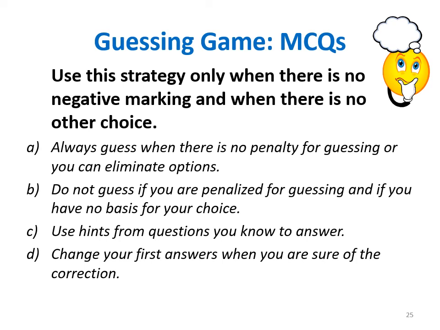Use hints from questions you know to answer, and change your first answer when you are sure of the correction. So guessing game is not just closing your eyes and putting your pencil on one of them, but guess according to the clues, and do an educated guess so that you land on the correct option.